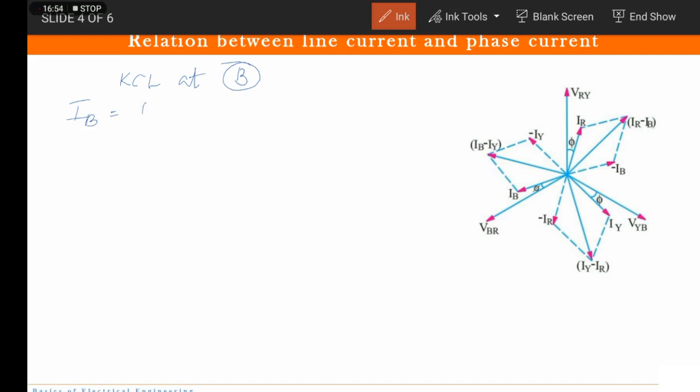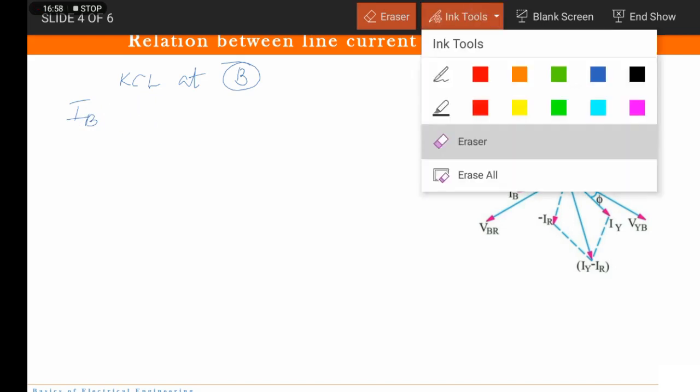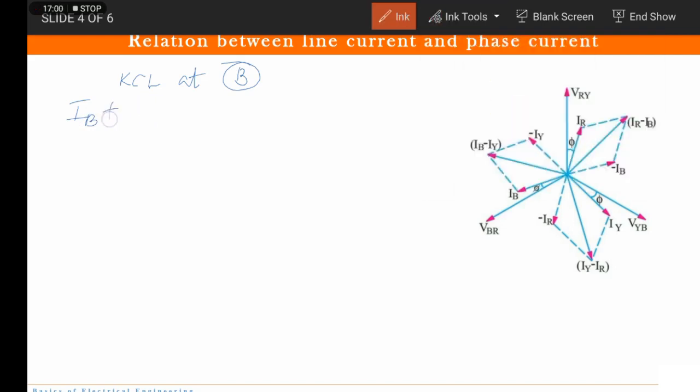I will write the first equation and then we will go to the second equation. IB plus IYB equal to IBR. So IB will be IBR minus IYB. This is equation number 4.